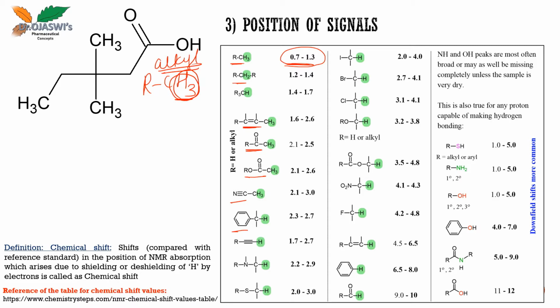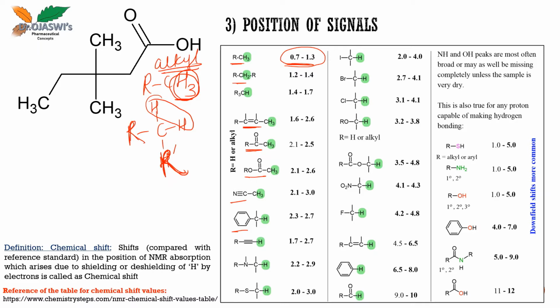Now this CH3, CH3 or CH3. Now if one of the hydrogens I replace, and I keep some other alkyl chain over here, then for these hydrogens, which are still chemically equivalent, adjacent to them there is one more alkyl group.